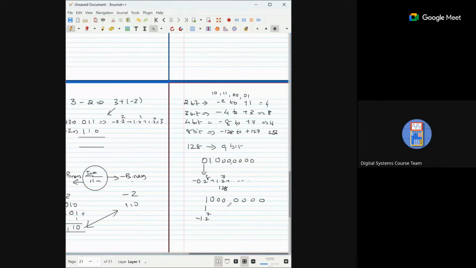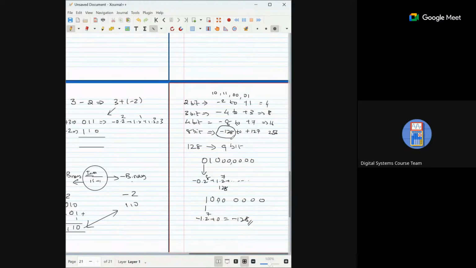I'm sorry, I made a mistake in the bit portion, but anyhow, the answer comes out right. So minus 1 into 2 power 7 plus 0 into 2 power 6 plus 0 into 2 power 5, 4, 3, 2, like this. Everything will add to 0. So this is again equal to minus 128, which is the smallest number in 8 bits.